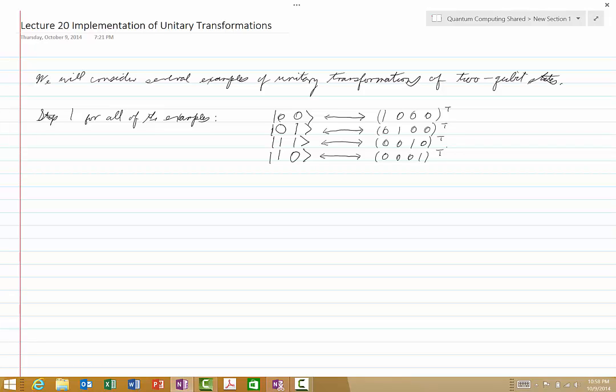Now, for the first example, we want to implement a transform that will take 0 0 to A|0 0> plus B|0 1>.